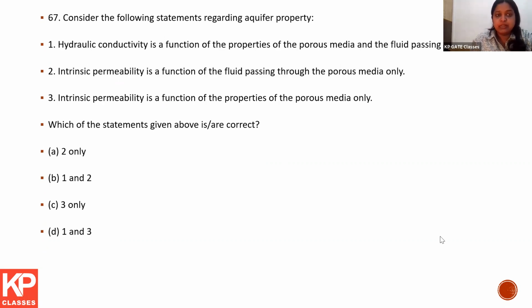Now, consider the following statement regarding aquifer property. Hydraulic conductivity is a function of properties of porous medium and fluid passing through it. Intrinsic permeability is a function of the fluid passing through the porous medium only. Intrinsic permeability is a function of properties of porous medium. So we need to find the correct options. First of all, you should know what hydraulic conductivity and intrinsic permeability are.